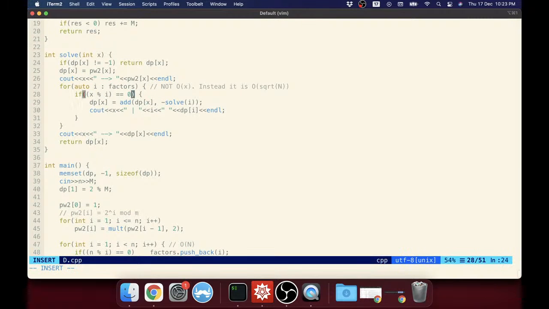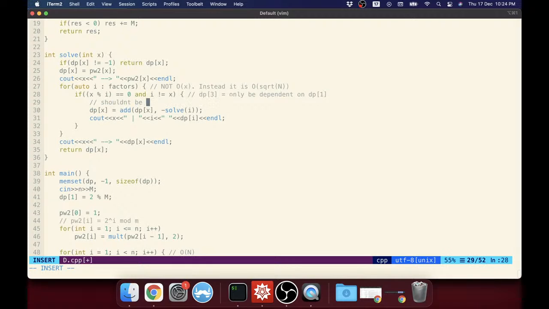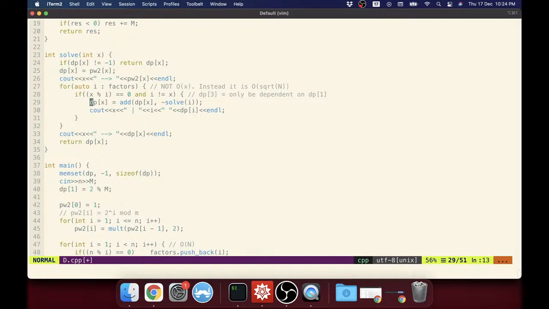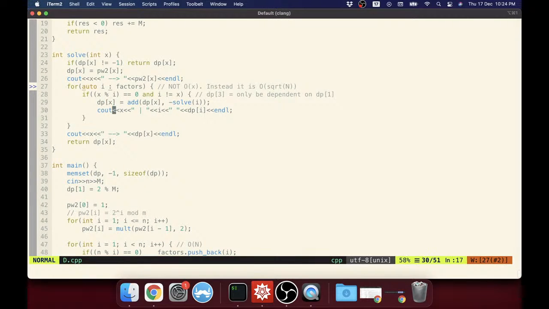This thing should have the condition that i should not be equal to x. Basically, dp[3] should only be dependent on dp[1], shouldn't be dependent on dp[3] itself. This factor should be smaller than x. It can't be equal to x. That's the issue. Yeah, I think that's all right.